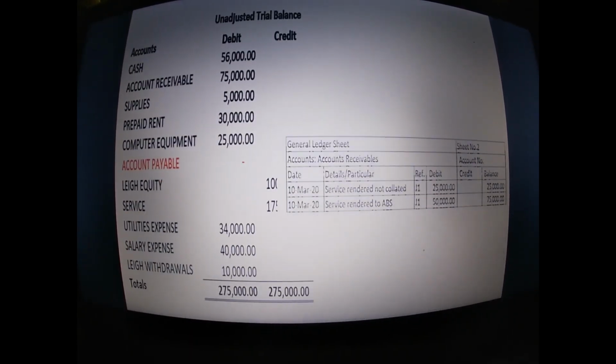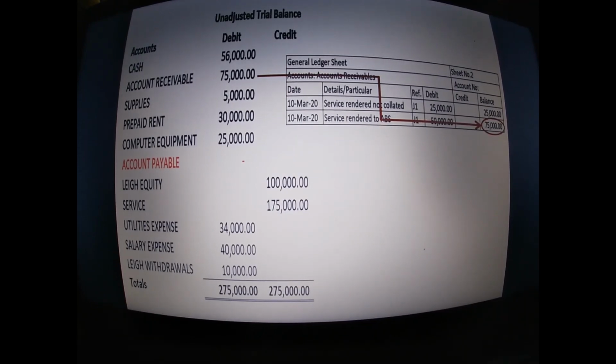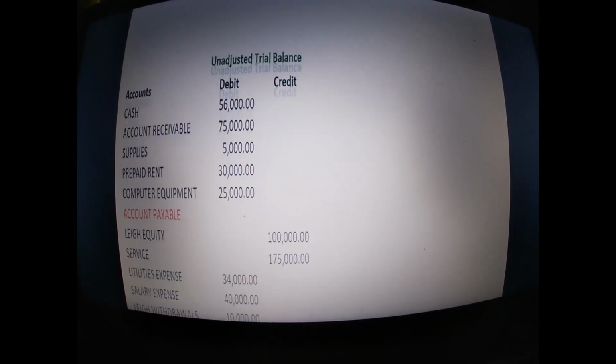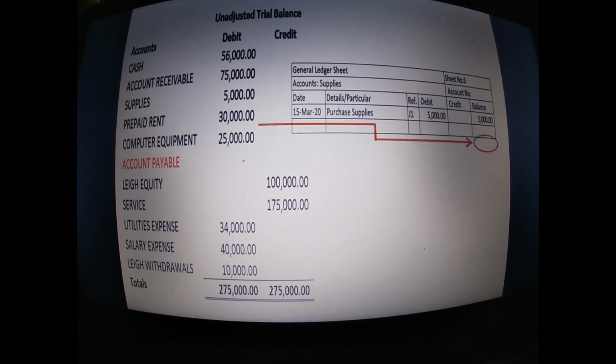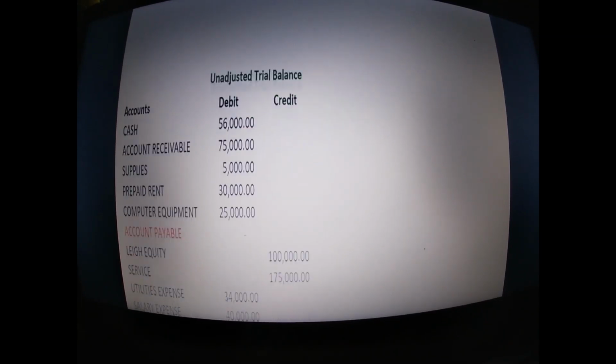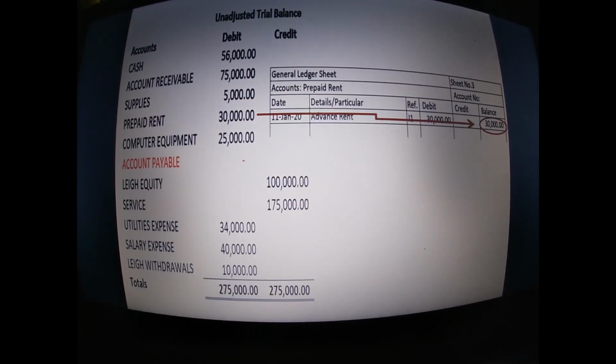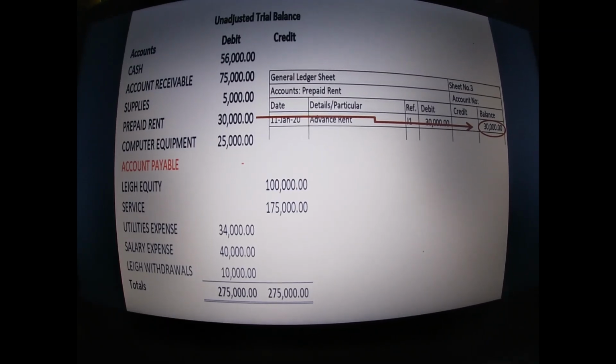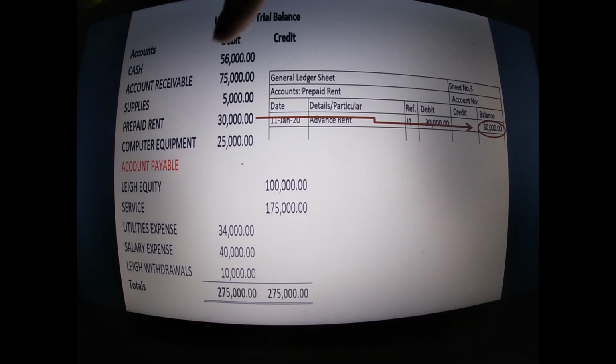Okay? Next. So for AR, you would see it's just the same. And so for our supplies, and then for our prepaid rent. But why is it different? I put different accounts so that you would realize prepaid rent is also advance rent, meaning you pay ahead of time for your lessor.